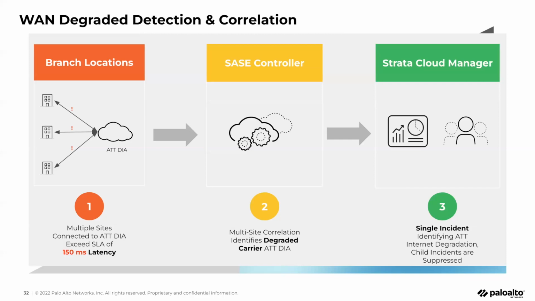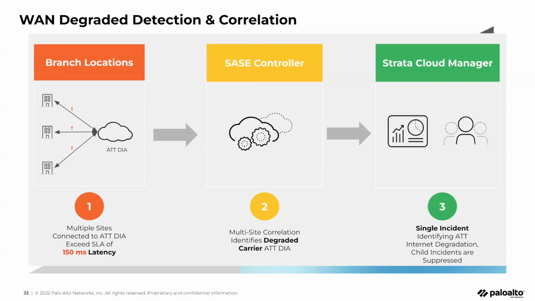I'm going to generate a single incident that says, hey, you have a regional problem with this carrier, and here are all the child incidents associated with that. So now you have one thing to go look at, and you go and call that carrier and address that problem with them, versus having to sit through 100 or 1,000 different messages. So it's pretty powerful as far as getting down to that root cause.